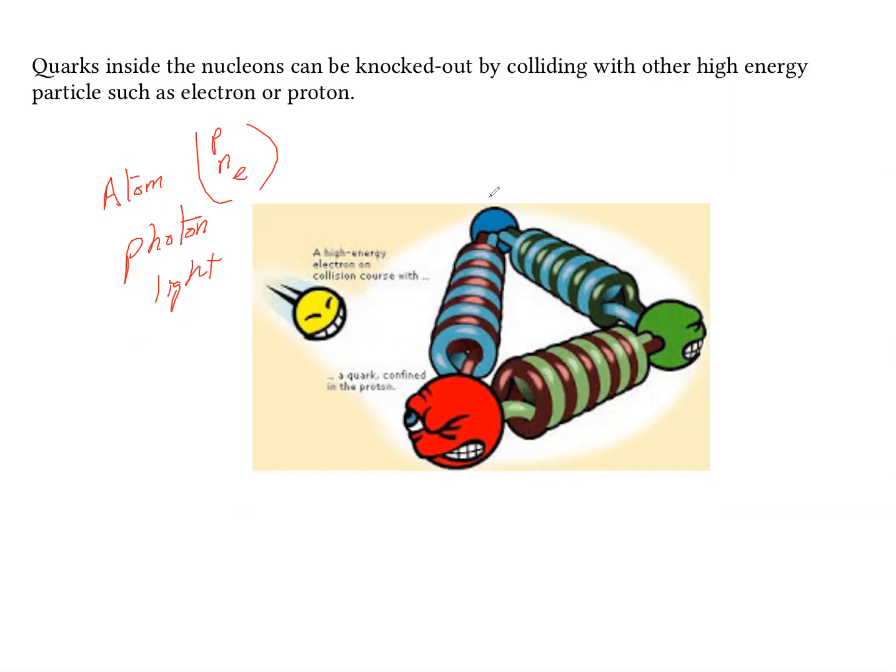But let's say we have this proton here. We accelerate an electron and hit it very hard. It knocks out a quark, and it will combine with other quarks inside the other protons. There is not only one proton, there are many protons. So it combines with other quarks and it can form some new kind of particle.